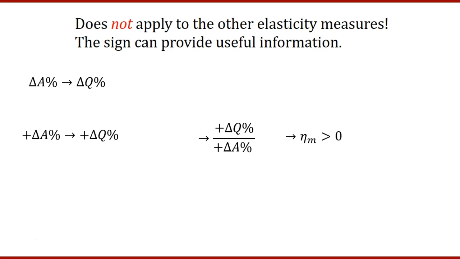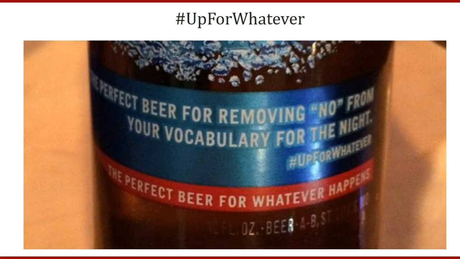Let's look at another example, also from Budweiser, from 2015. By 2015, of course, advertising on television is still very important, but we have the rise of Twitter, and so you have hashtag campaigns. And Budweiser in 2015 launched the hashtag Up For Whatever campaign.